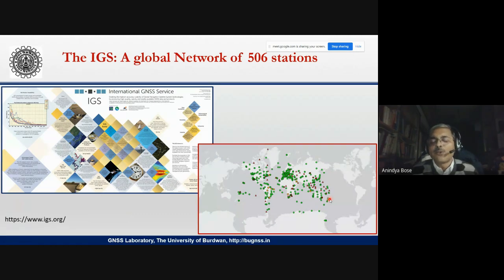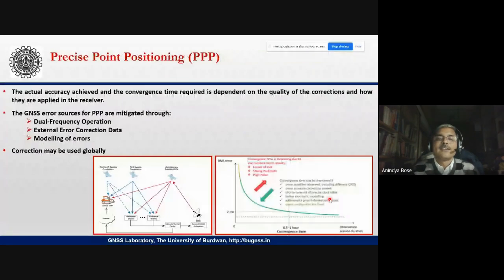In India there are now 4 to 5 stations working. They continuously work and upload their data to some pre-designated servers. In the servers, there is software which calculates the errors, the satellite errors, the ionospheric errors. And after some time, maybe after 15 days, they give it back. If you want, they will supply you the correction message.